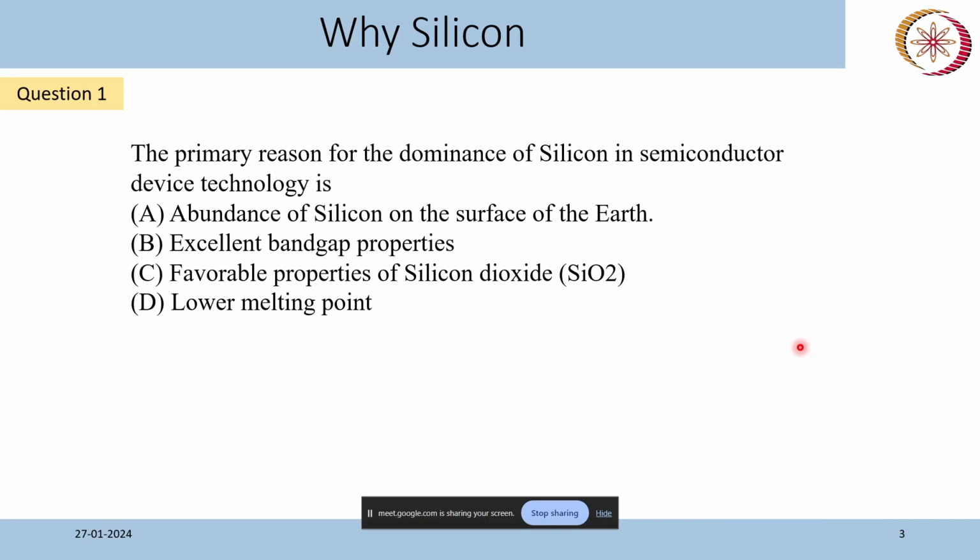Okay, so this is the first question. What is the primary reason for dominance of silicon in semiconductor device technology? This was covered in the very first lecture. Please tell me the answer first. You can unmute and speak because I'm in the presentation mode. It will be difficult for me to go to the Google Meet link again.